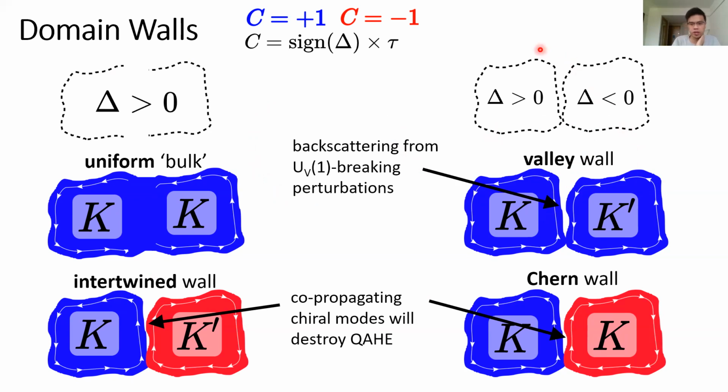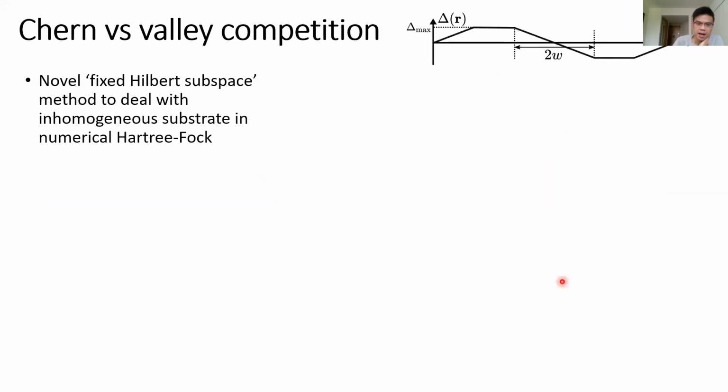So we're going to be focusing on this situation in this talk because this is where you're forced to have domain walls. And so a very important question is whether you're dominated by valley walls or Chern walls. So here I'm going to investigate this Chern versus valley wall competition.